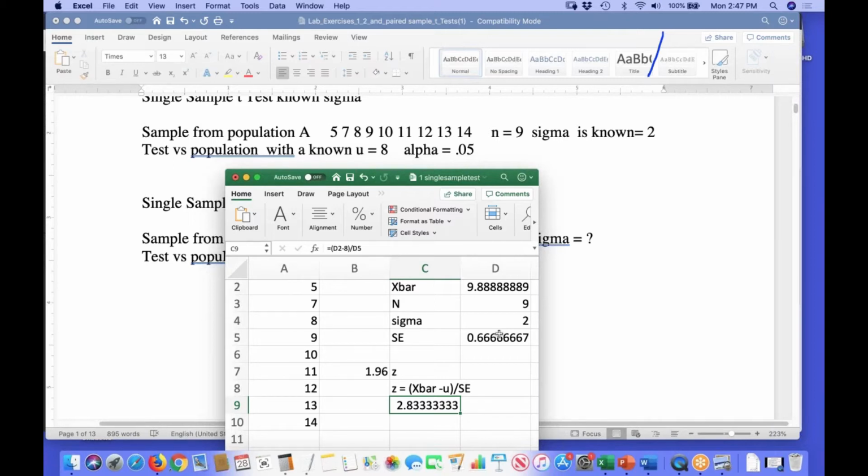Really, statisticians describe it as there being less than a 5% chance that you get that outcome, which means you can reject the null hypothesis. So if this is bigger than 1.96, our critical value, you can reject the null hypothesis.